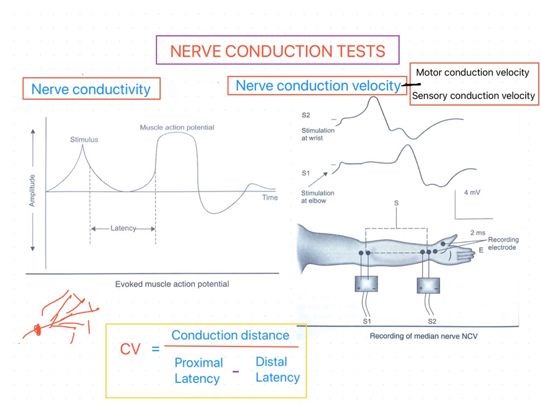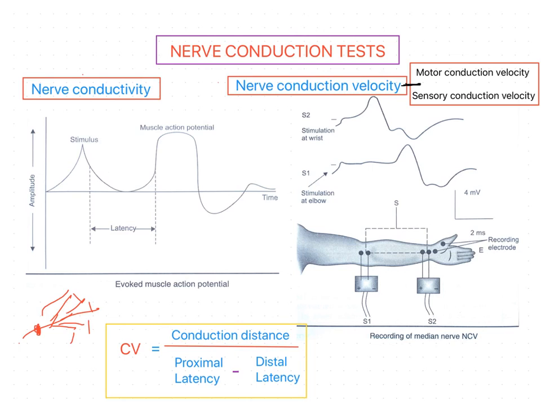Here the stimulus is applied to the nerve by two small electrodes fixed to the skin about 2 centimeters apart. The pulse duration used can be varied from 0.05 to 2 milliseconds at a frequency of 1 to 2 hertz.